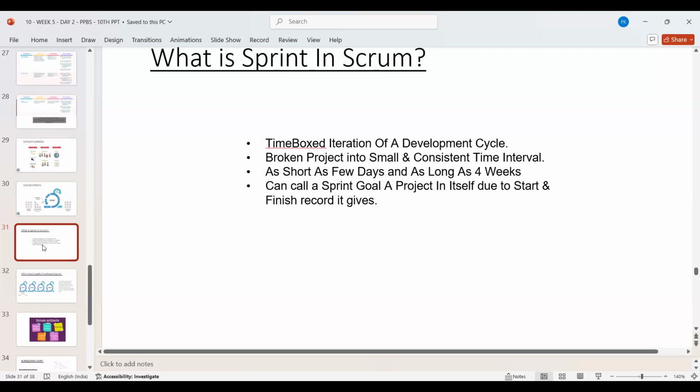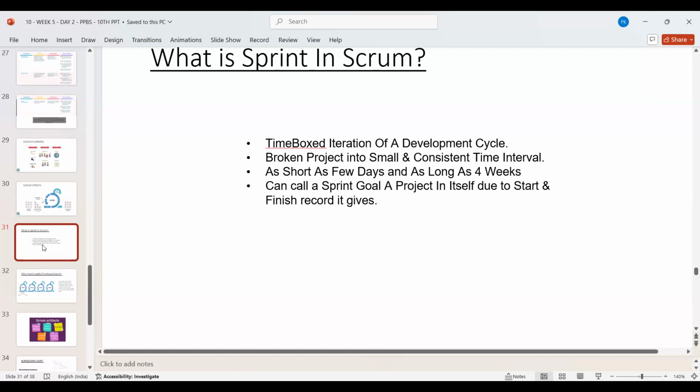Basically it's a part of a large project, but this is a project itself. So this entire sprint delivery. So coming back to the first point, it means time boxed iteration of a development cycle.